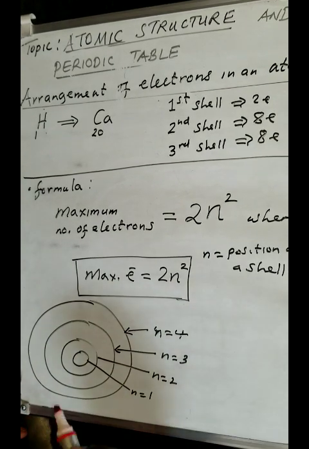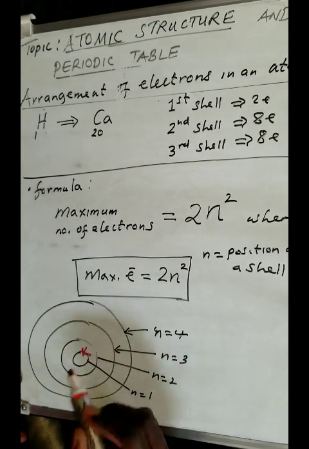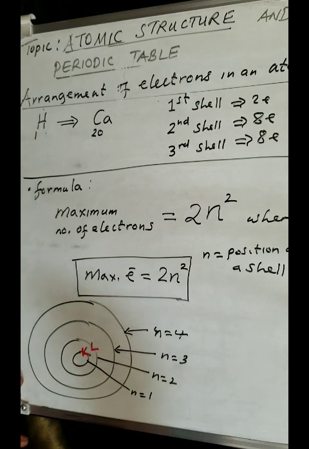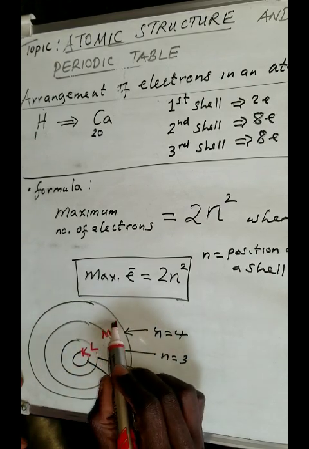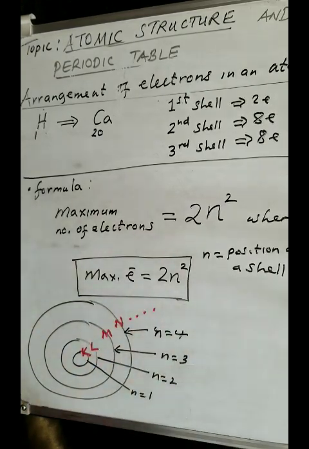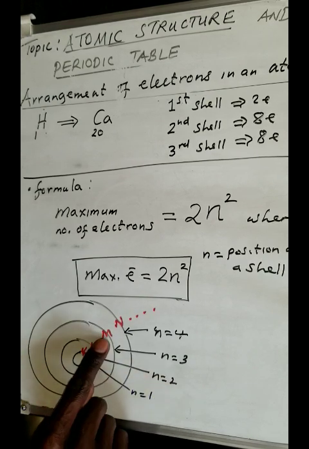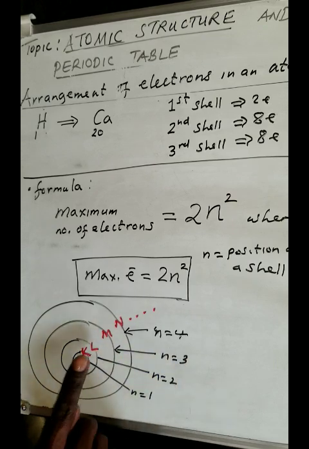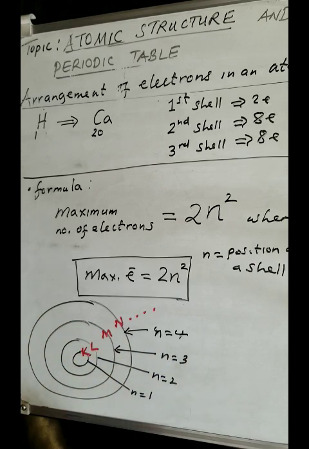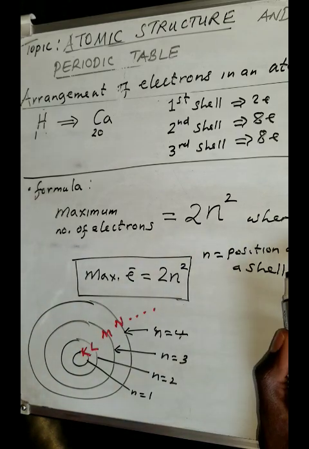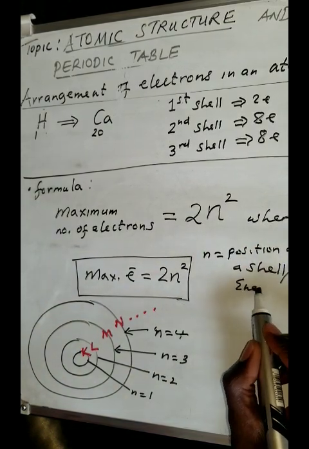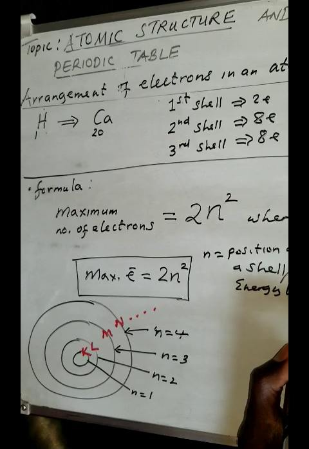For example, the innermost is called K, then L, followed by M, N, then we follow the alphabetical order. So K is when n is equal to 1, L is when n is equal to 2, M is when n is equal to 3. These represent the energy levels, the position of a shell, or simply the position of the energy level.